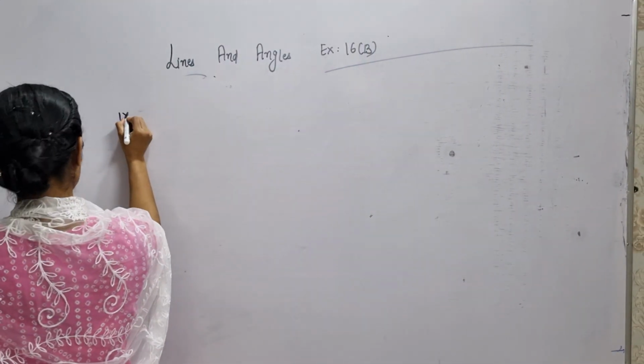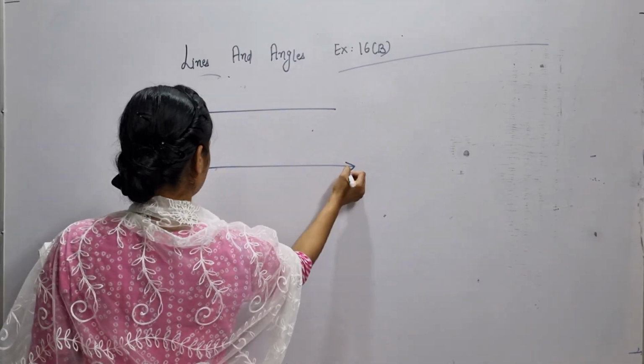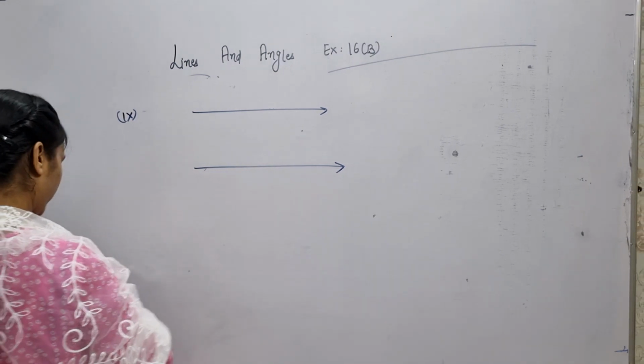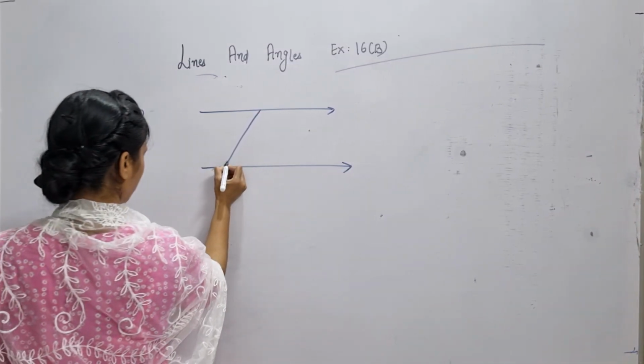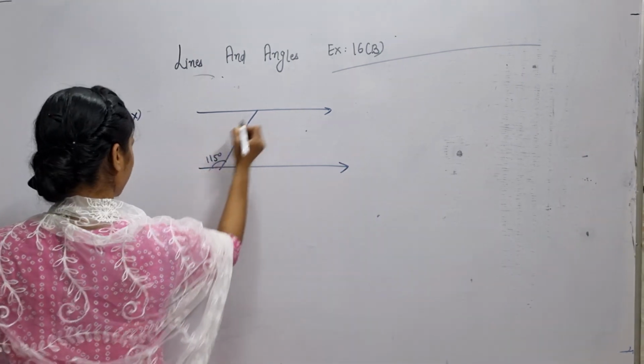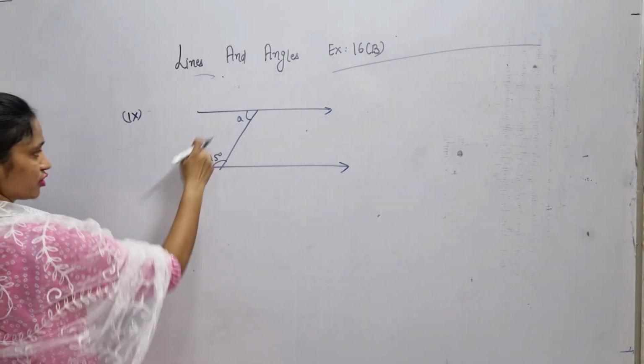In the ninth sum, the figure is given with these two parallel lines and a transversal line. First see the first transversal line. Here they have given 115 degrees, here they have given A. What is the relationship between these two?